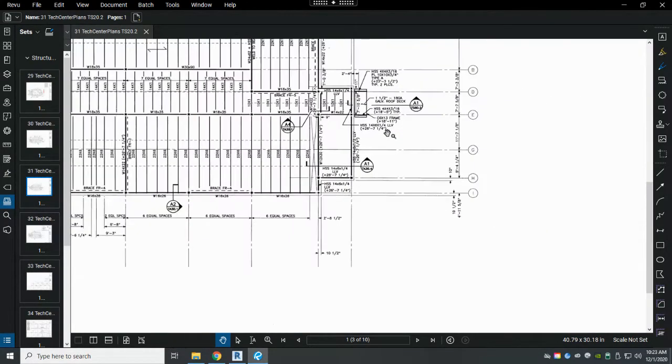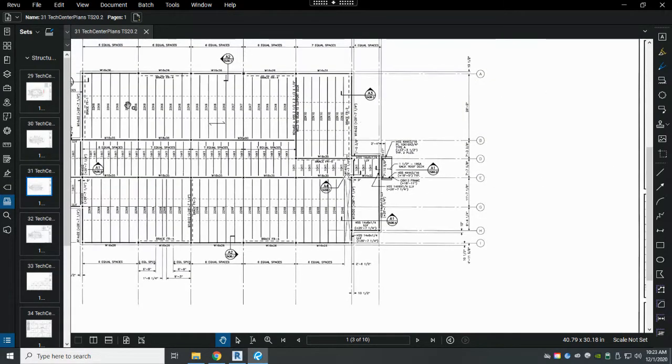That's telling us about our bracing. I'm just going to rotate this whole plan if I can. Let's see if I can rotate the whole plan. It would be nice if I could do that.